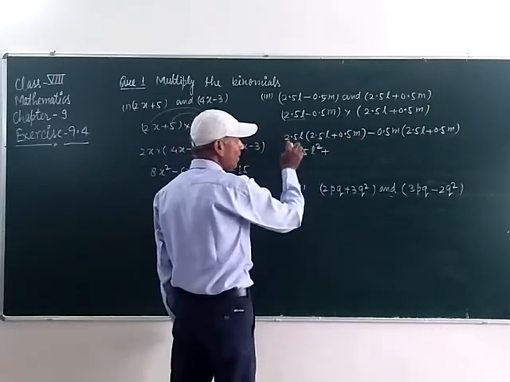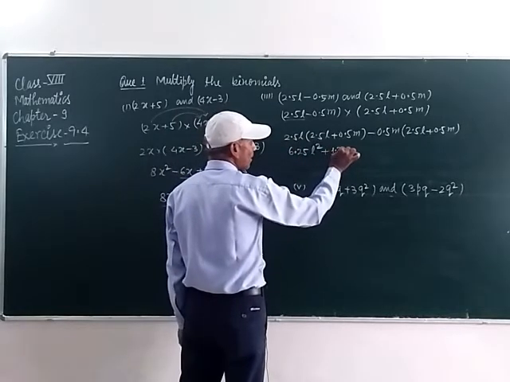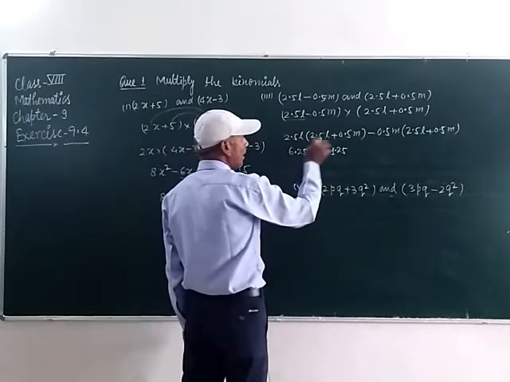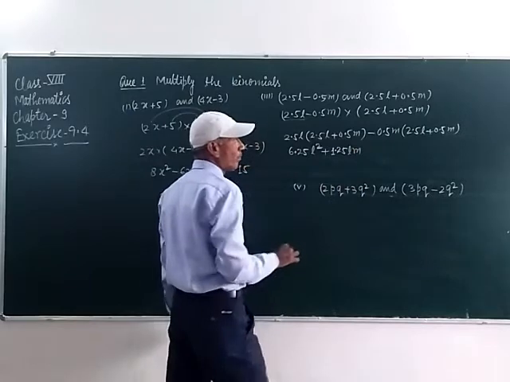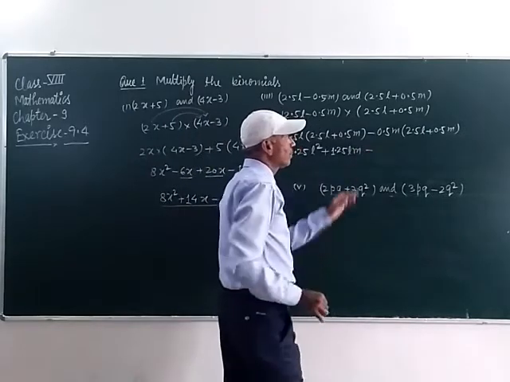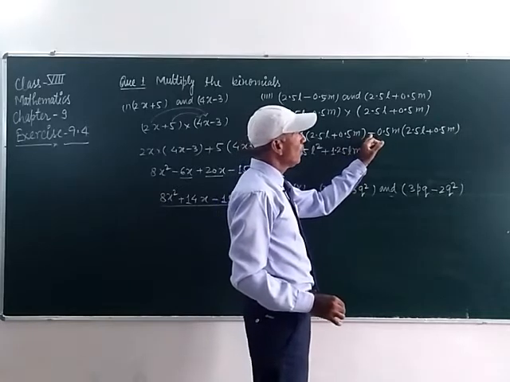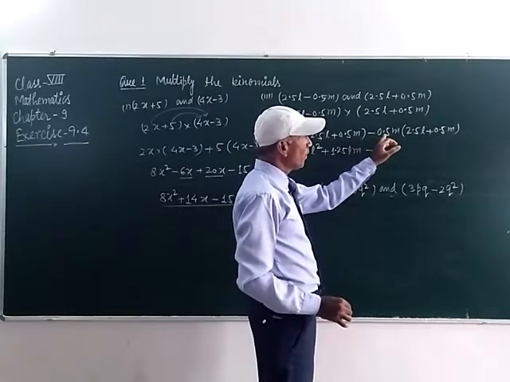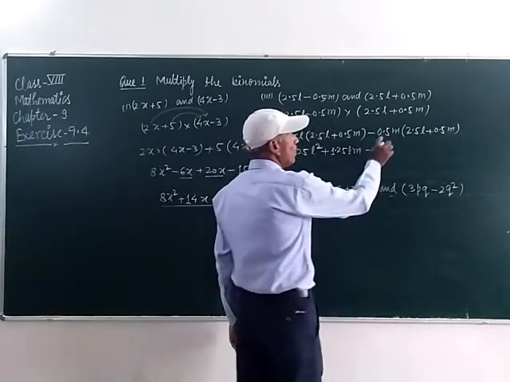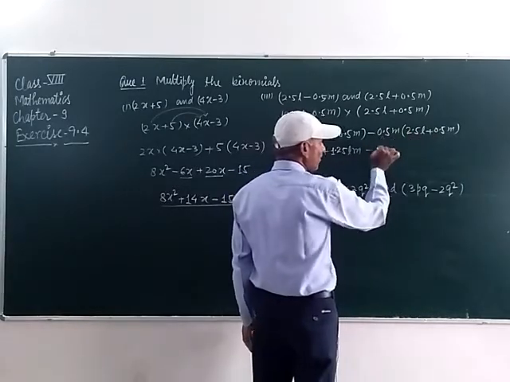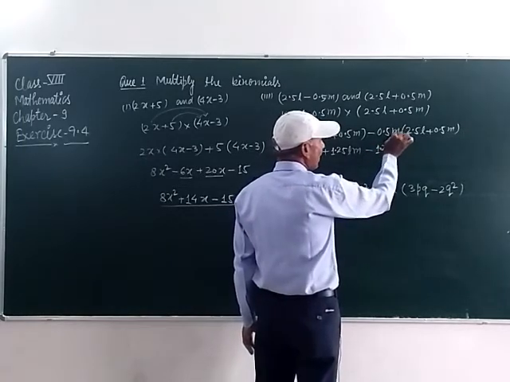So 0.5 into 2.5 it will be 1.25, and L into M it will be LM, minus, because there is a negative sign, so we have to multiply this 0.5M with 2.5L. So 0.5 into 2.5 it will be 1.25ML.